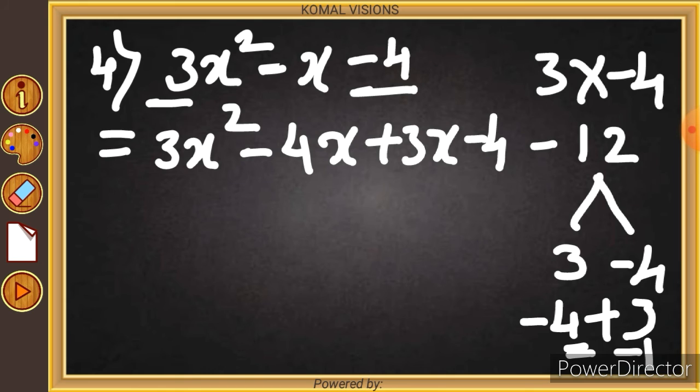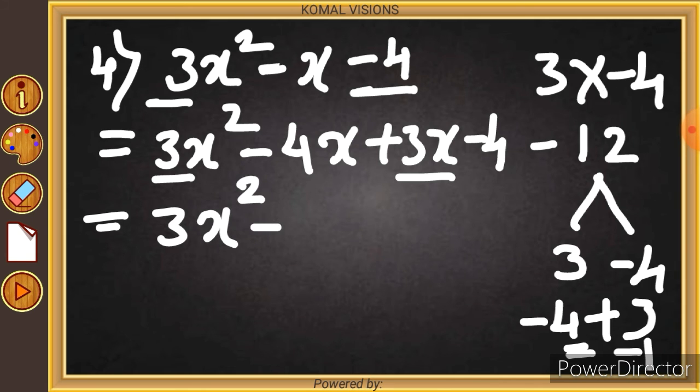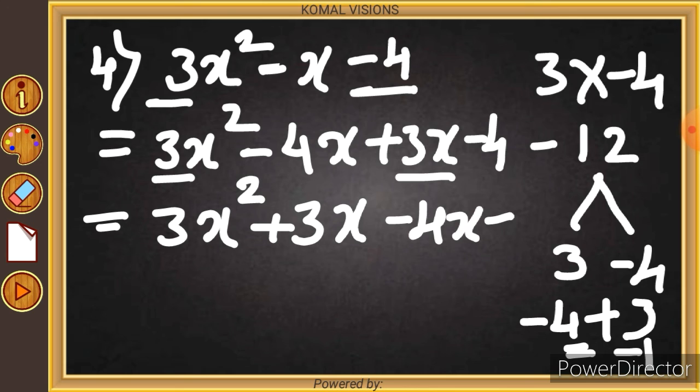Okay, now I'll group the terms present here. 3x square plus 3x, minus 4x minus 4. Now in order to make the problem even easier, I have grouped the like terms. If you see, I have 3x as common here.